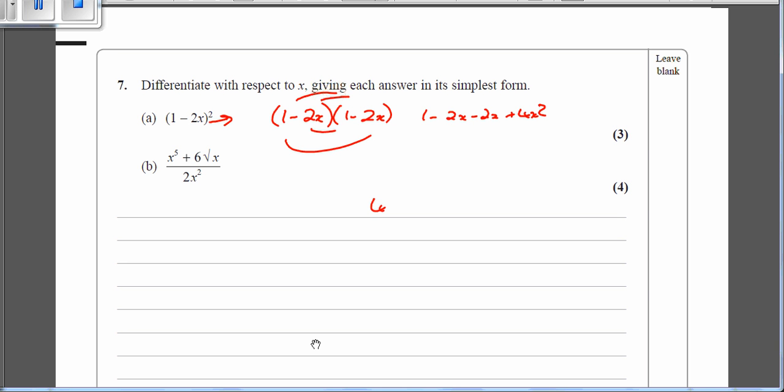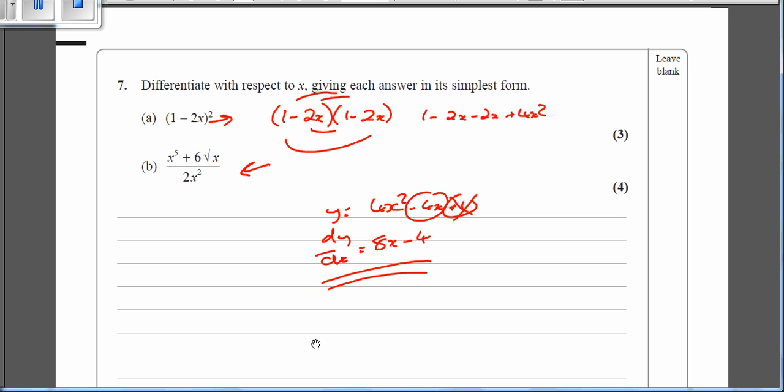So 4x squared minus 4x plus 1. That equals y. So dy by dx equals 8x. If you differentiate minus 4x, that simply goes to minus 4, and the number just disappears. So it's going to be dy by dx equals 8x minus 4.